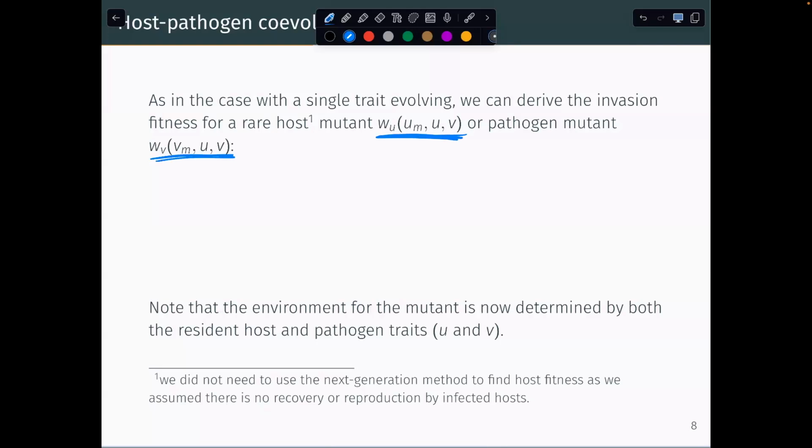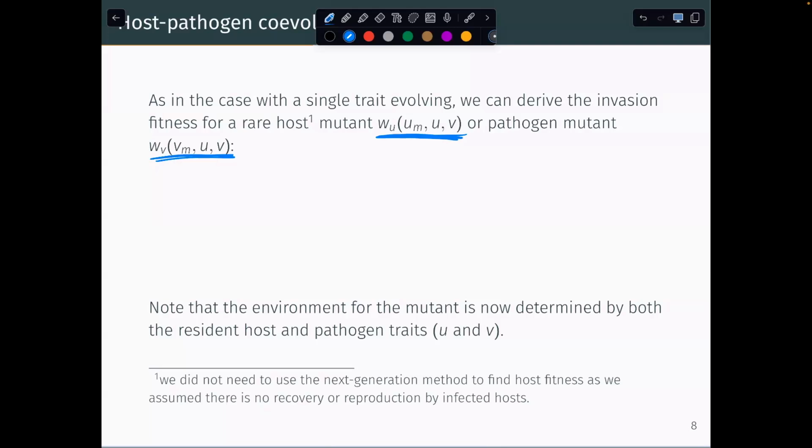V. So previously, this would have just been a function of 2 variables, but now not only is the resident population defined by whatever the host is here, it's also defined by whatever the pathogen is, because they're both evolving. Likewise, for our pathogen invasion fitness, it's defined by what is the infectivity of our rare mutant, V sub m. And this is also invading into a population that's defined by both the host that's currently there and the pathogen that's currently there.